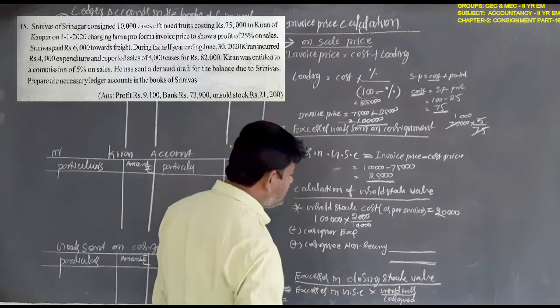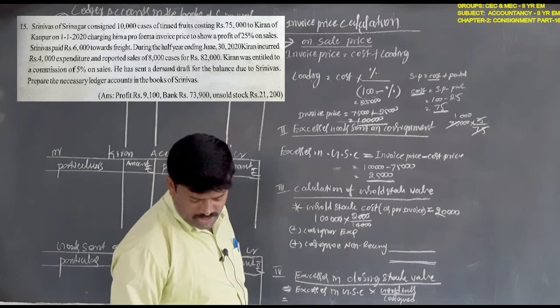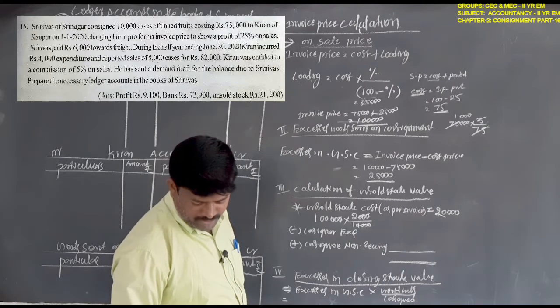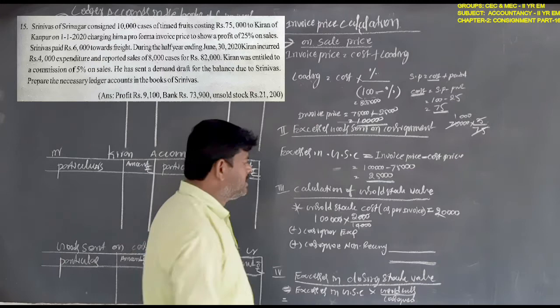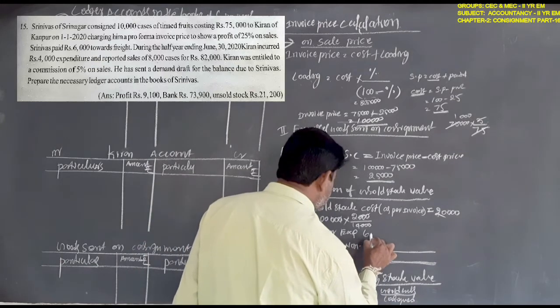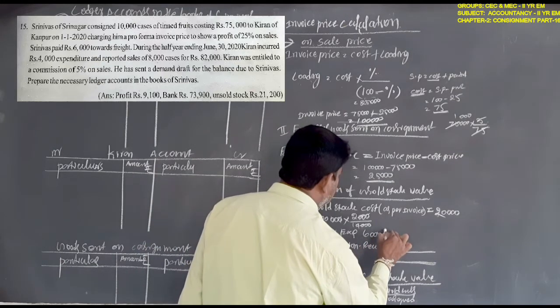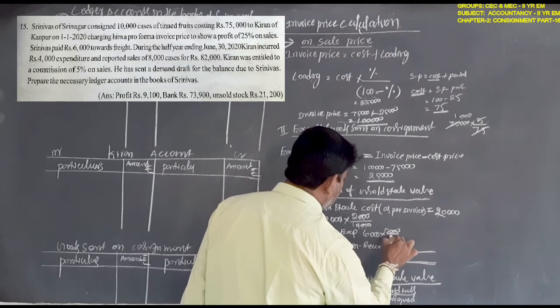Okay. How much are the consignor expenses? Consignor expenses are 6,000 rupees. So 6,000 rupees into 2,000 by 10,000.